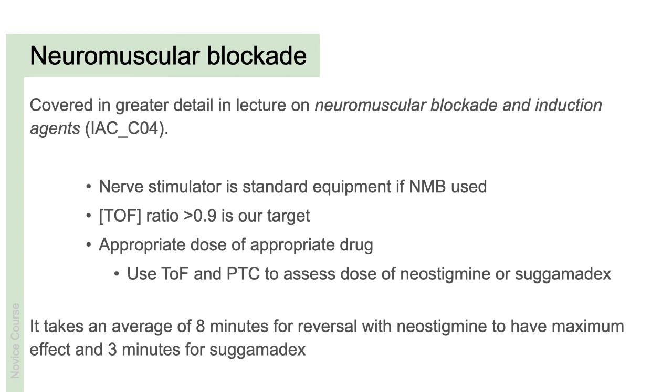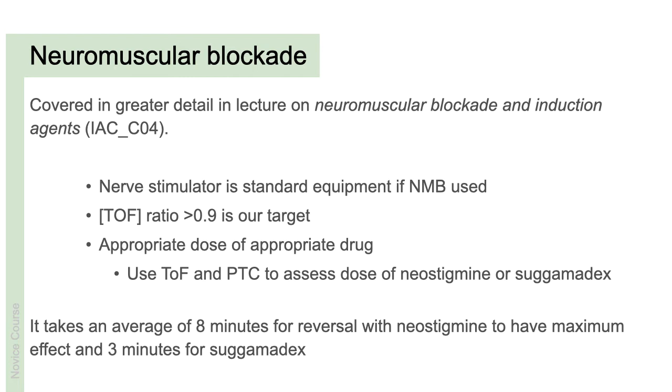If you have 4 twitches, regardless of the amplitude, then you should give the normal dose of neostigmine, which is 0.05 milligrams per kilogram, or you give 2 milligrams per kilogram of sugammadex.